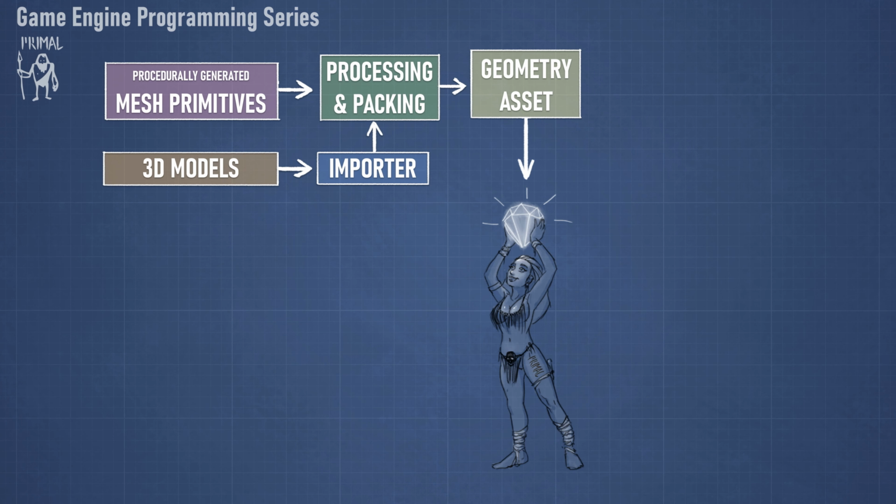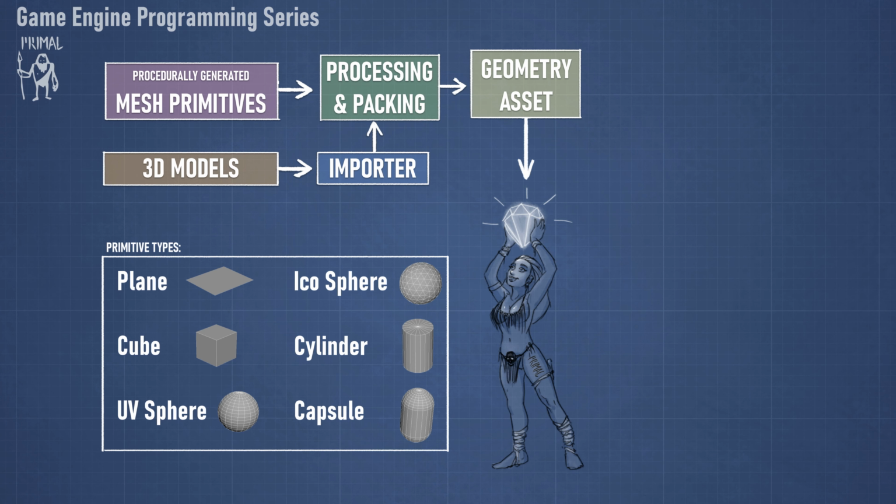So where I would like to start is to define various kinds of primitive meshes. So I'll start with a plane and then a cube and a UV sphere, which is just a regular sphere, and an icosphere, which consists of regularly distributed triangles, a cylinder, and a capsule.